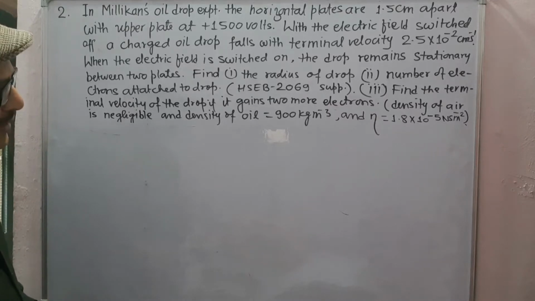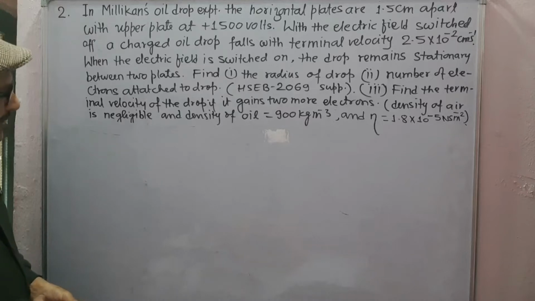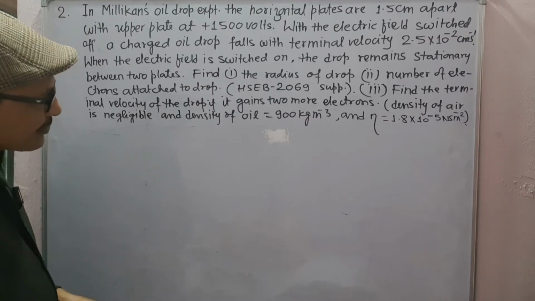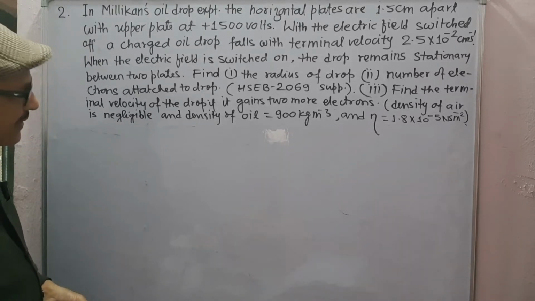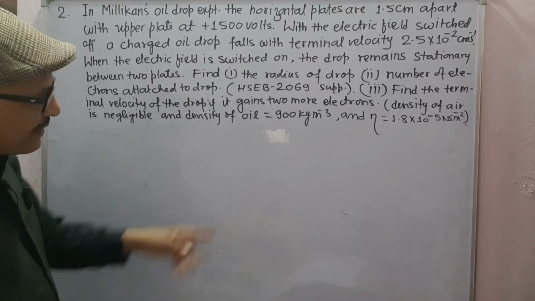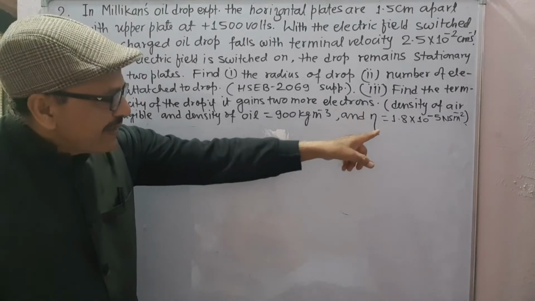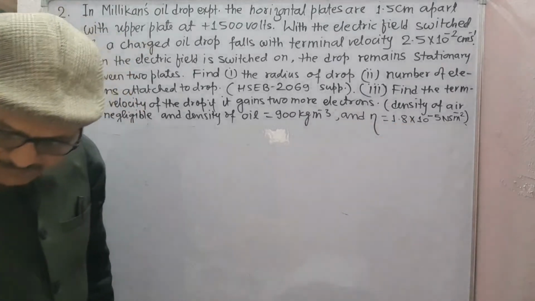Find the radius of the drop and the number of electrons on the drop. Find the terminal velocity of the drop when it gains 2 more electrons. The density of air is negligible, and the density of oil and viscosity of air are given.